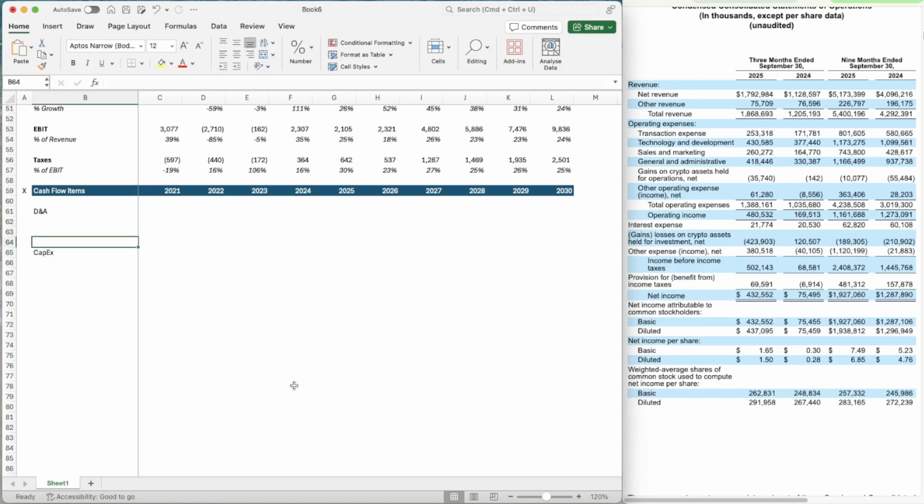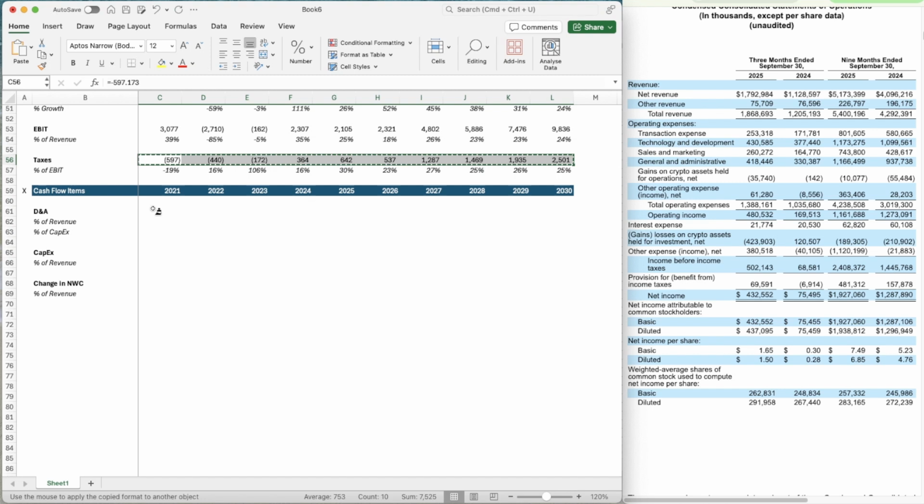Just leave a space because we need to work out percentage of revenue, then change in net working capital. The format.